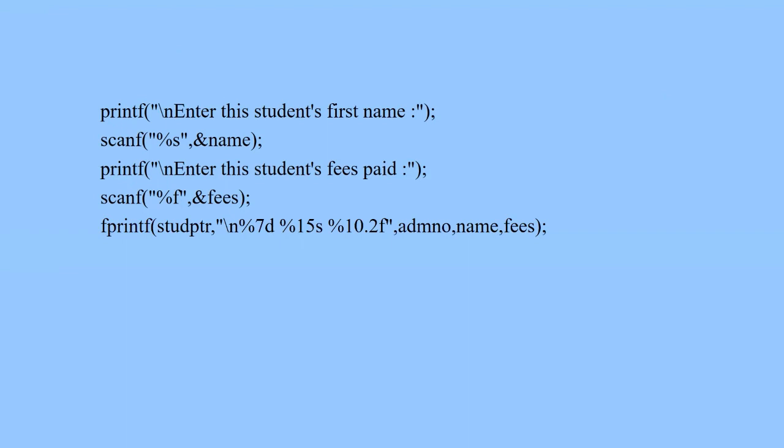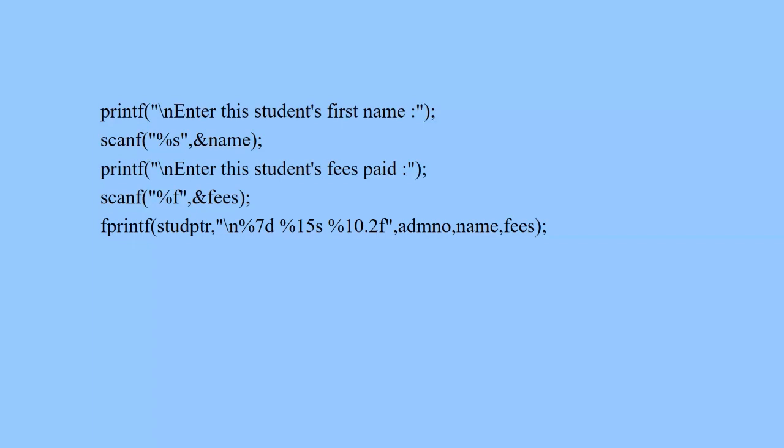So we write those three into our file, spaced as 7 spaces for admission number, followed by 15 spaces for name, and 10 spaces for fees, with 2 of them being reserved for the fractional part.